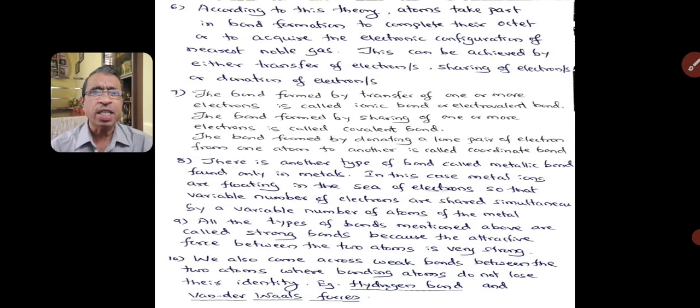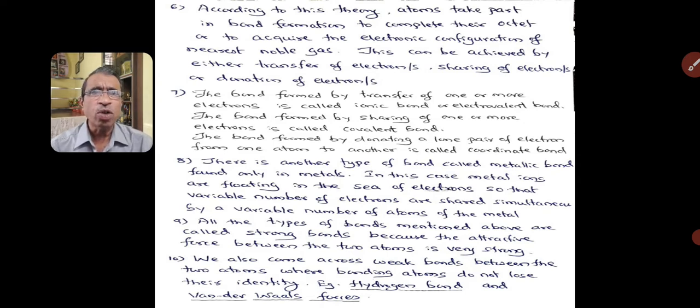This can be achieved by either transfer of electrons, sharing of electrons, or donation of electrons. This octet rule is applicable for the elements present in the second and third period of the periodic table.